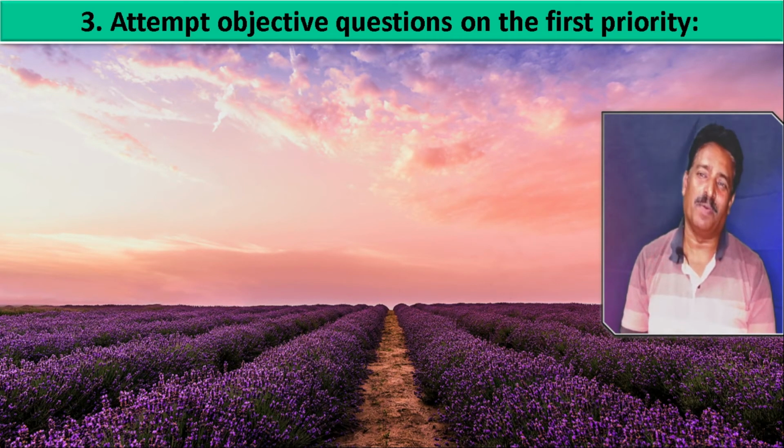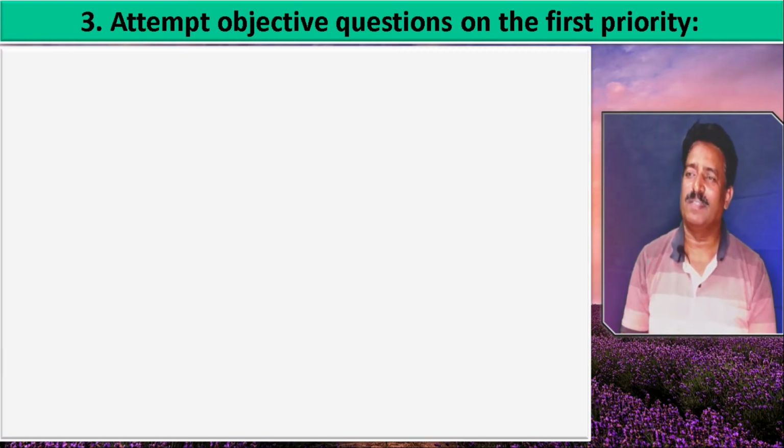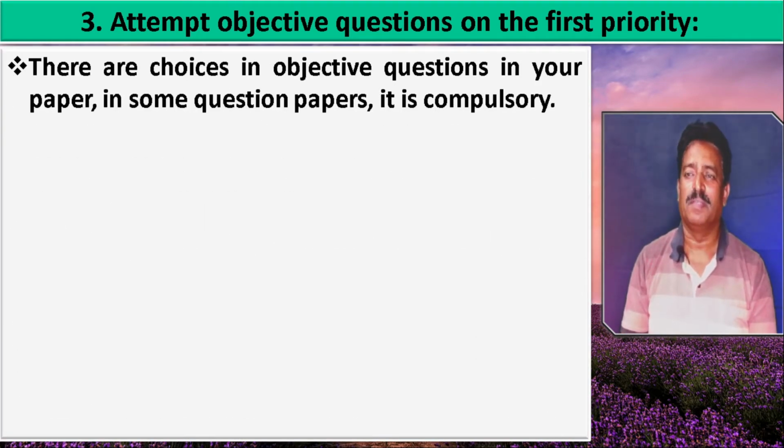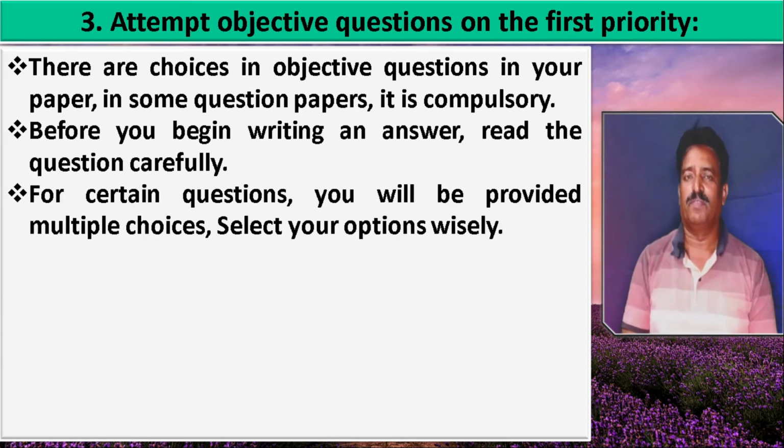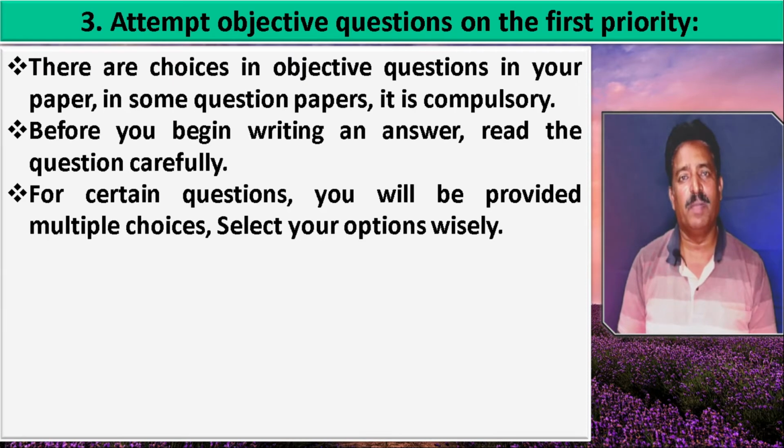Let's move to the third point: attempt objective questions on the first page. There are choices in objective questions in certain papers. In certain question papers, it is compulsory. So you must read the instructions given on the question paper first. Then before you begin writing the answer, read the question carefully. For certain questions, you will be provided multiple choices.